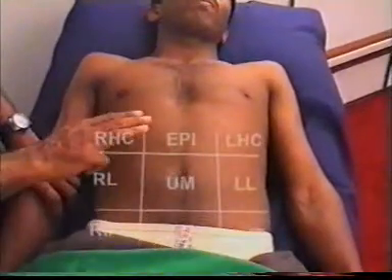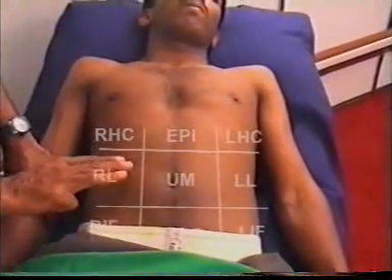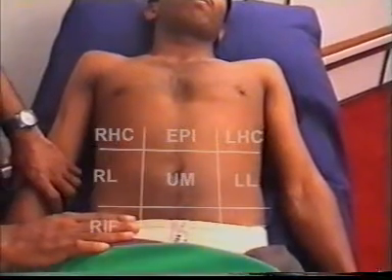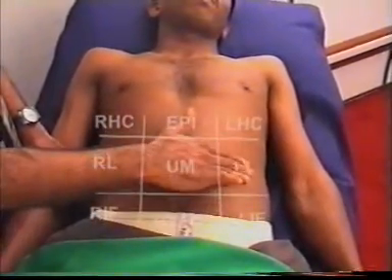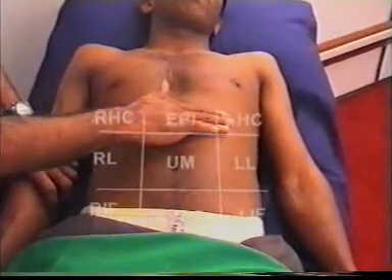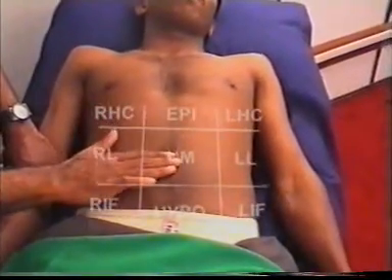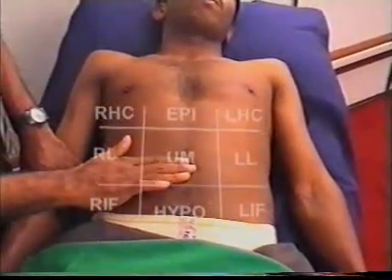To facilitate examination, the abdomen is divided into 9 zones. Right hypochondrium, right loin, right iliac fossa, hypogastrium, left iliac fossa, left loin, left hypochondrium, epigastrium, and the umbilical region.